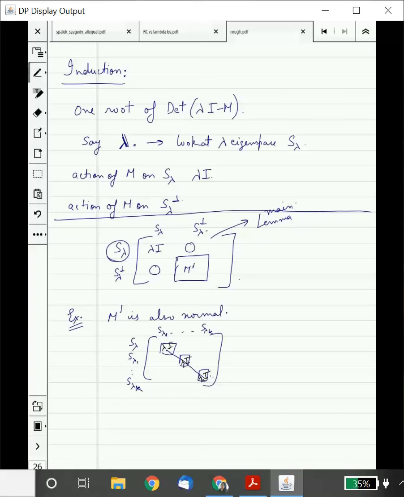This is showing that there exists a basis, actually an orthonormal basis, such that M is diagonal in that basis.